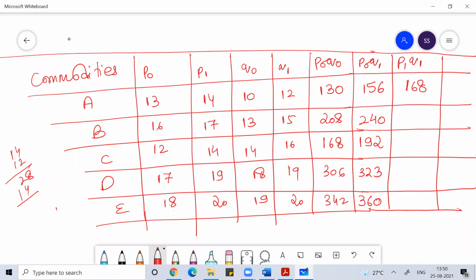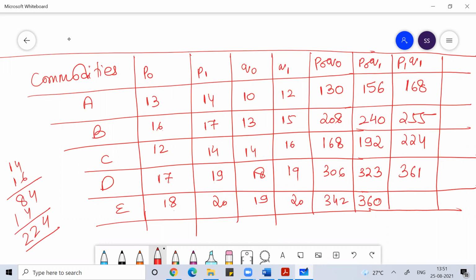Then 17 into 15, 255. And then 14 into 16, 224. 19 into 19, 361. 20 into 20, 400.